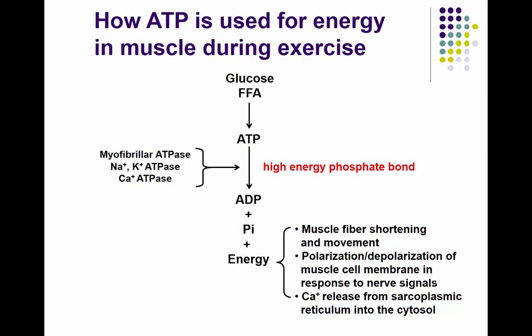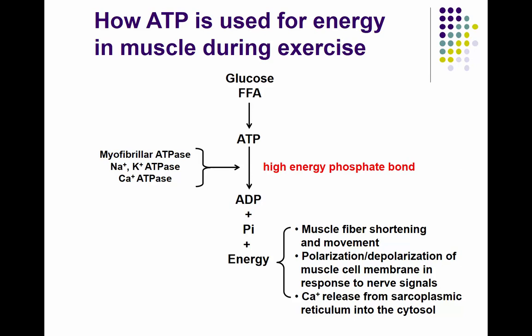And this is just to show you guys how ATP is produced. When our muscle metabolizes glucose and fatty acids and produces ATP, the ATP is then hydrolyzed by 3 different types of ATPase, which break down the high energy phosphate bond, right, and release energy.